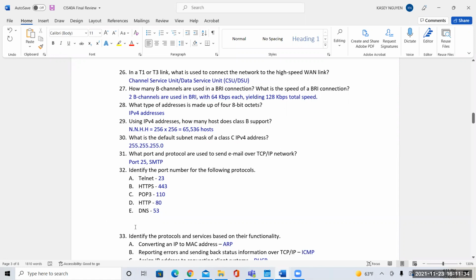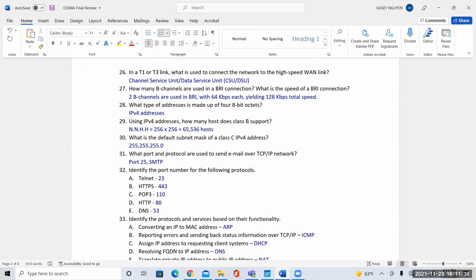32. Identify the port for the following protocols. Telnet 23, close the port. HTTPS 443. Sometimes they also use 444 for HTTPS, but 443 is commonly known for HTTPS. POP3 110. HTTP, easy, 80.